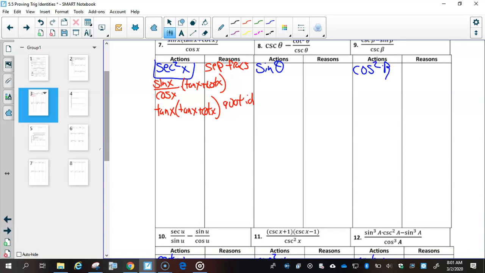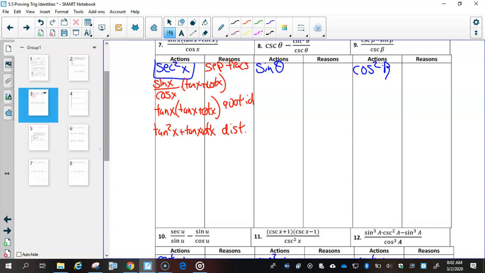You could change the insides, tangent and cotangent, so that they're quotients and then get common denominators. You could do that. I didn't. I distributed. Now, in this next step, you can either change tangent or cotangent to be the reciprocal, 1 over tangent for cotangent, or 1 over cotangent for tangent.